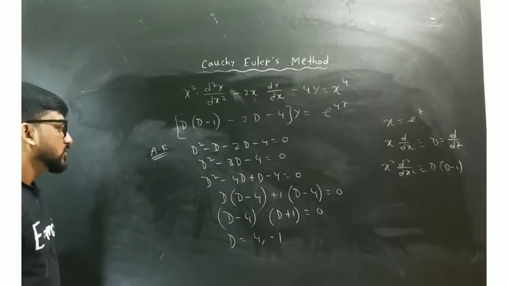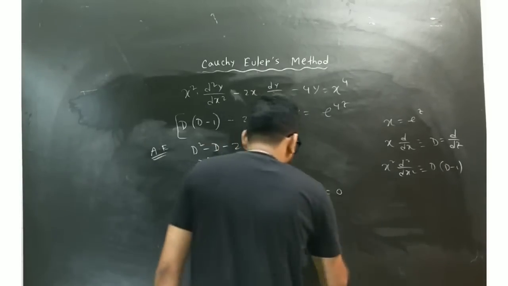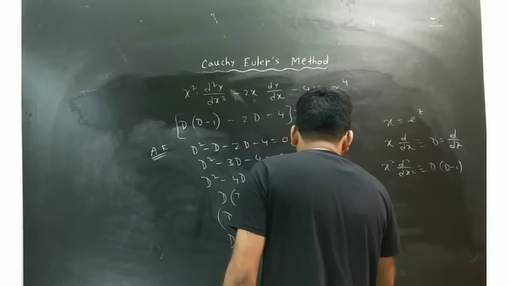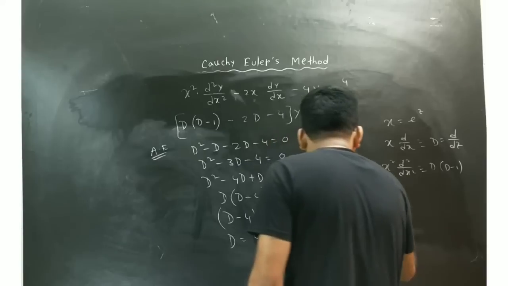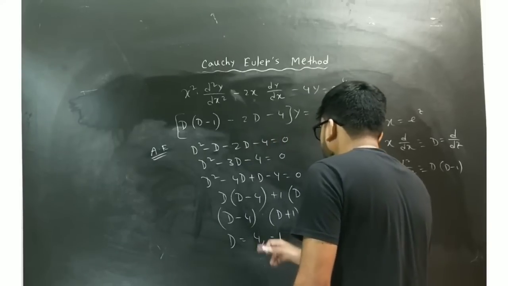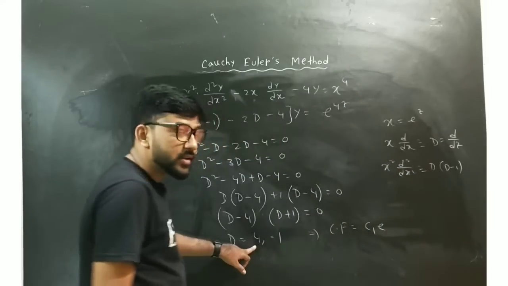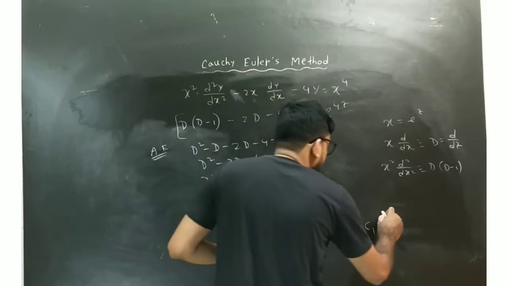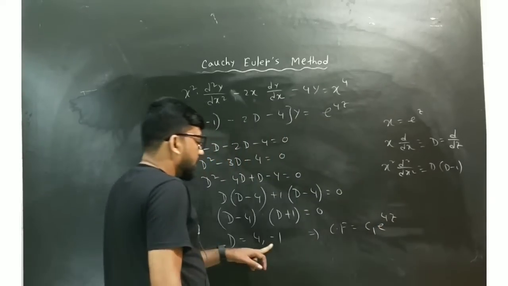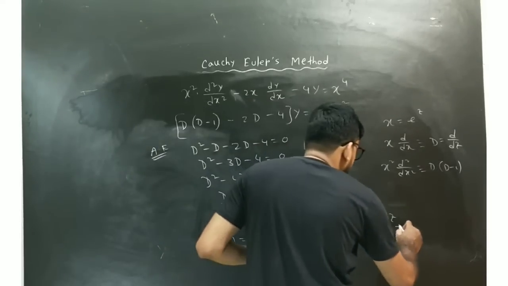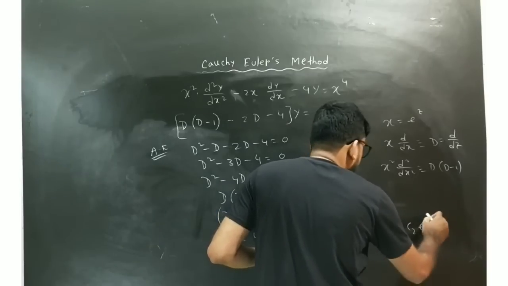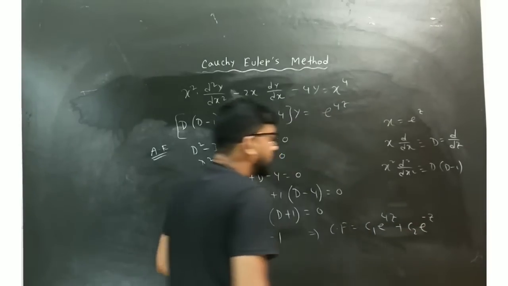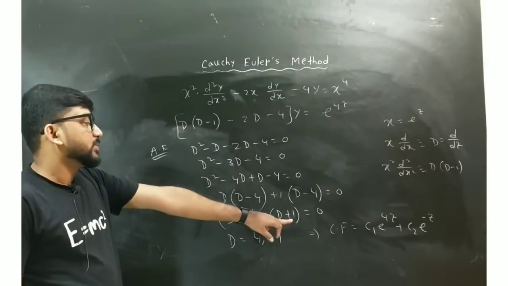Okay. And you know, for this the complementary function will be c1 e to the power m1 z, that means 4z here, and c2 e to the power m2 z, that means c2 into e to the power minus z. Okay. So this is your complementary function.